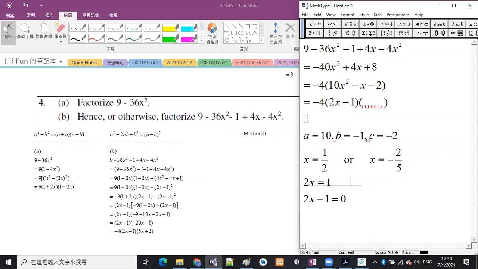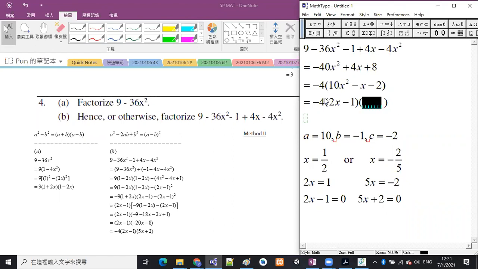Okay, we do the same thing for the second part. So 5x is equal to negative 2, right? And then just add the 2 to the left. 5x plus 2 is equal to 0. When the right-hand side is equal to 0 and there is no more fraction, then this 5x plus 2 will be your second bracket.